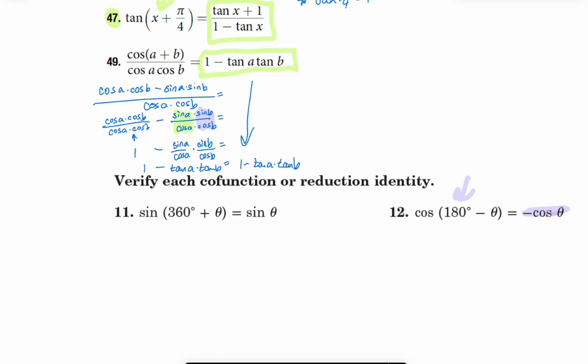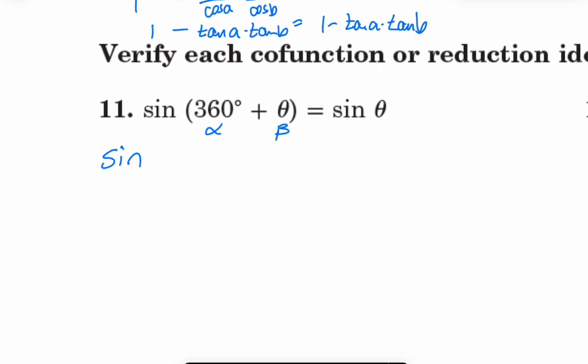I'm going to apply the sum formula that's up on the board. This is my alpha, this is my beta. I'm going to use the sine sum formula. So that would be the sine of 360 times the cosine of theta plus the cosine of 360 times the sine of theta.